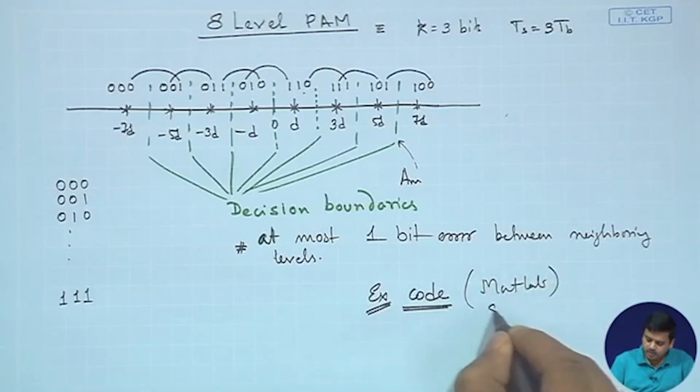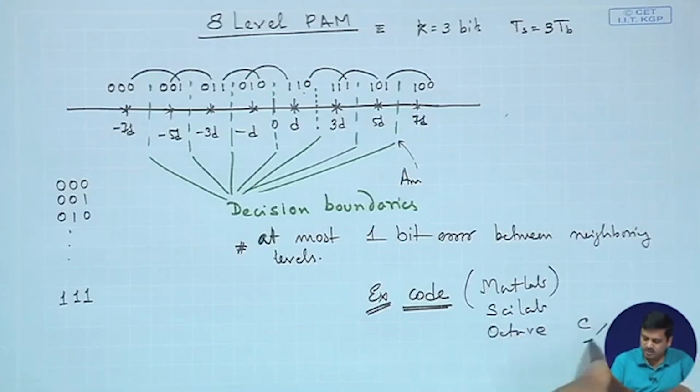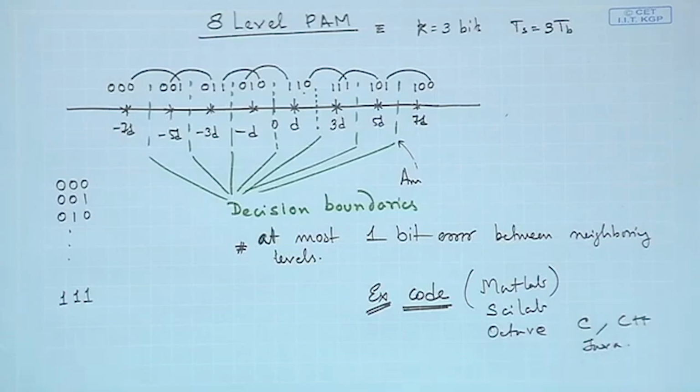right. You could use Scilab, which is a freeware, you could use Octave, you could use C or C++ or Java, whatever you feel like, so that you write a small program of your own by which you would take bit sequences and then you would map these bit sequences to amplitude levels, right.